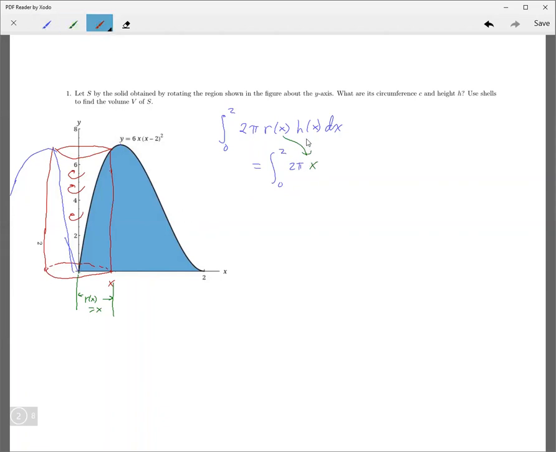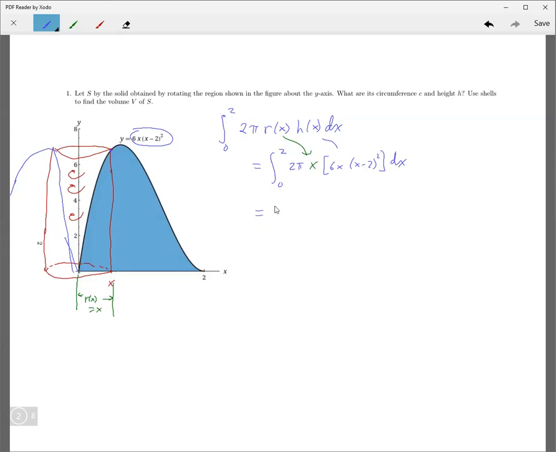And then the height is just going to be this value here. So this top point minus there, and the top point is 6x times x minus 2 squared. So we get that. Okay, so that's going to be our integral.